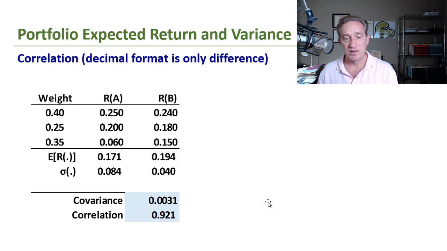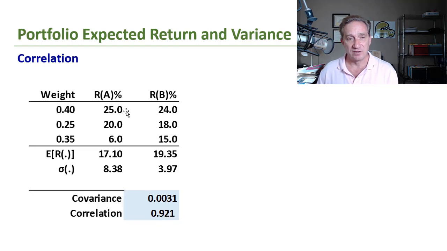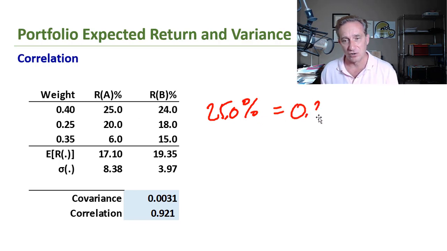The one thing I did here is include the same problem set, although let me go back to the previous one, because I noticed this in the syllabus that the tendency here is to represent it thusly, where we have returns. This is a 25% return. And you may be luckier than me. You may just get away without having to cope with this, but this comes up a lot for me when actually solving problems, and that is to say, you'll see the problem represented that way. And of course, I'm sure you know that that's 25.0%, and of course we can represent it that way, but that's equal to 0.25.